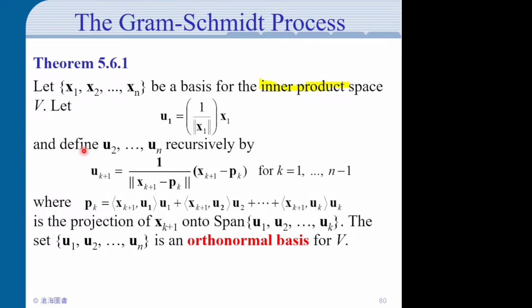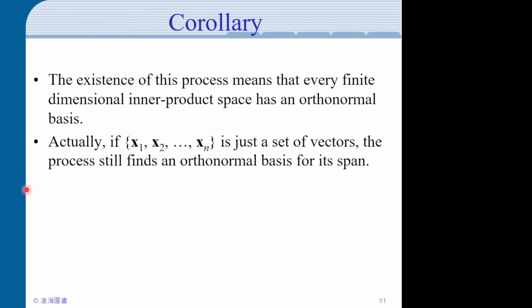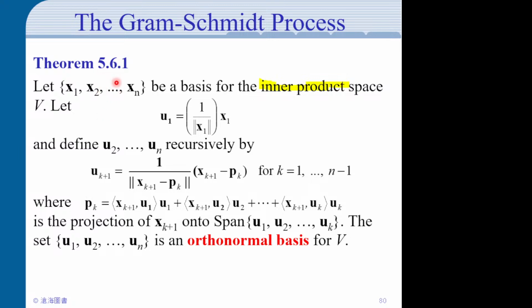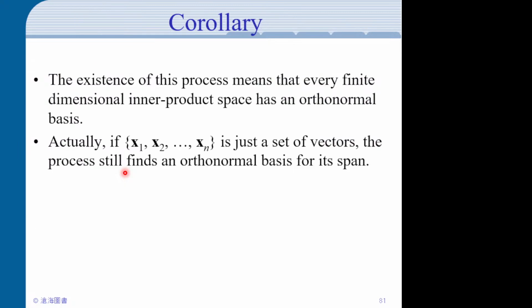Okay. So you can still run the process, and on some linearly dependent part you don't get the extra u_{k+1}, but you will still find an orthonormal basis that has the same number of elements as the dimension of this span.